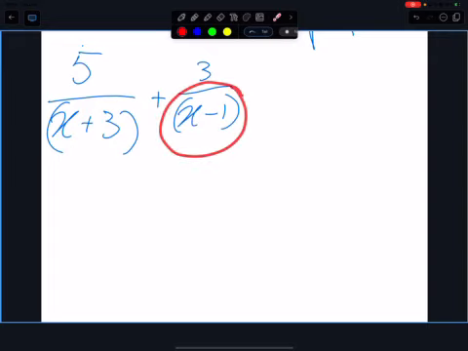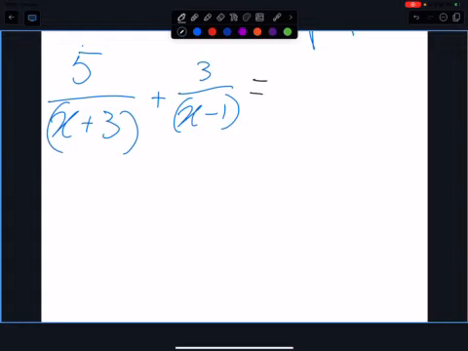And you multiply x minus 1 with x plus 3. Numbers with numbers. So it becomes, I multiply them with each other. That's it. What else do you want to do?